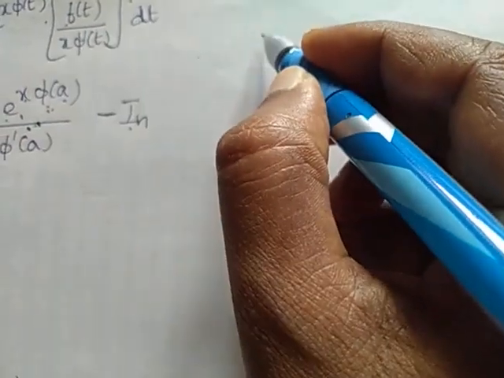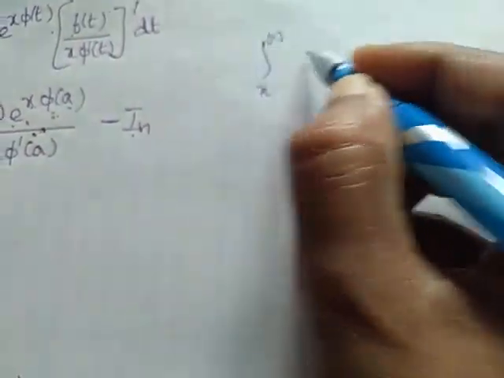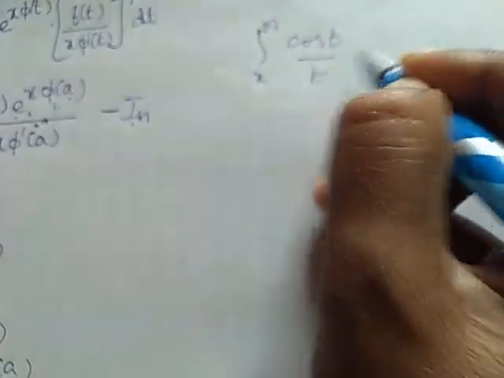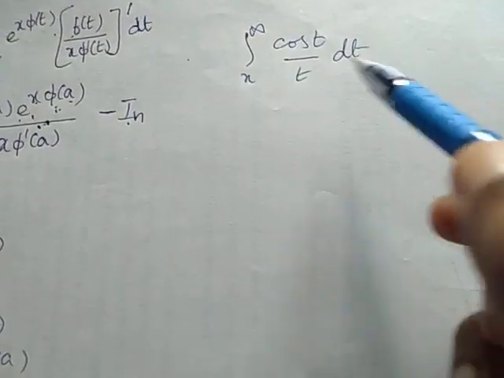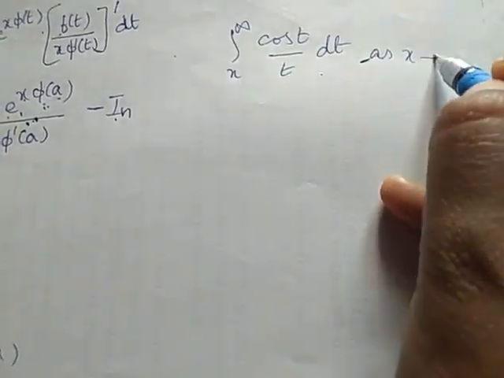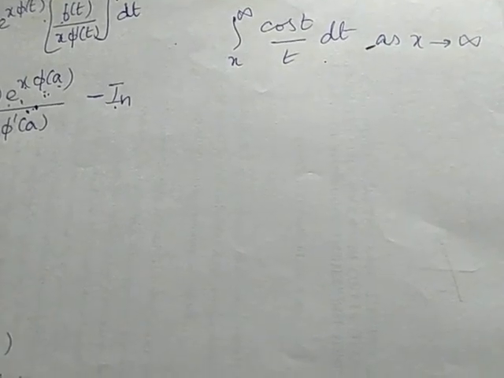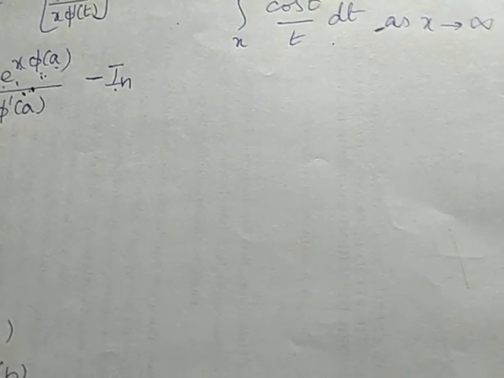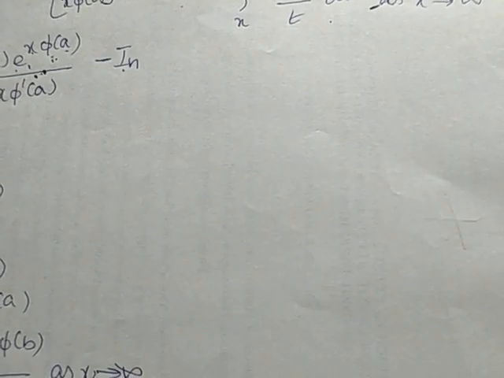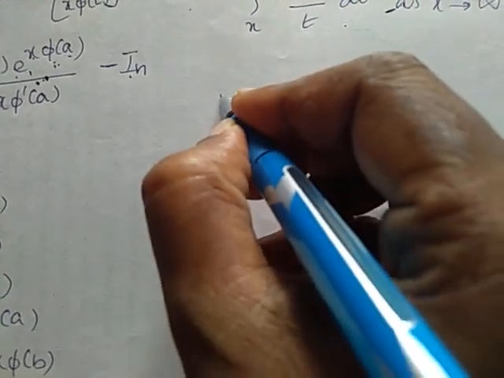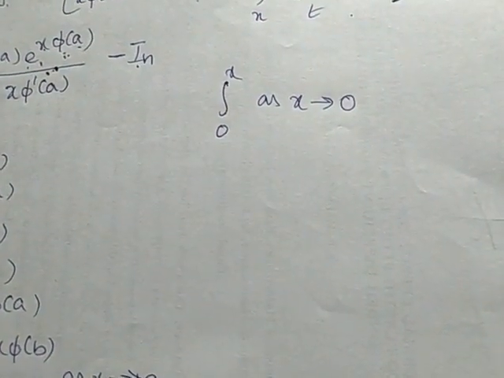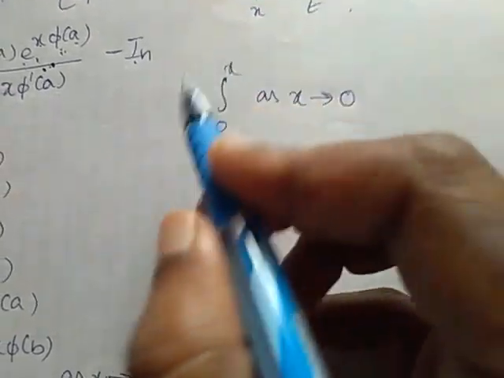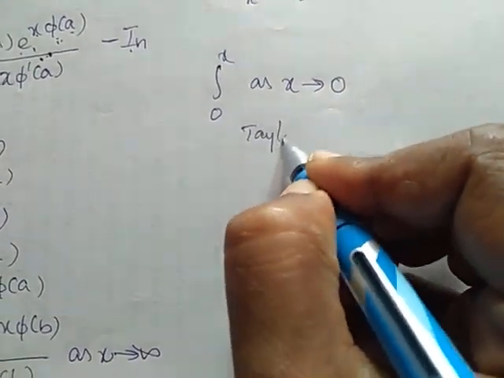So try the problem: the integral from x to infinity of cos t by t dt. Try to find the asymptotic expansion for this integral as x tends to infinity using integration by parts. If the integration is between 0 to x as x tends to 0, or as x tends to a, you can simplify this using Taylor series.